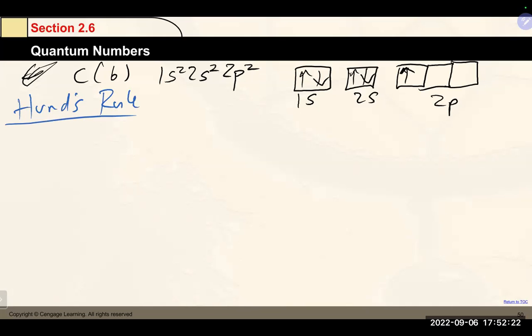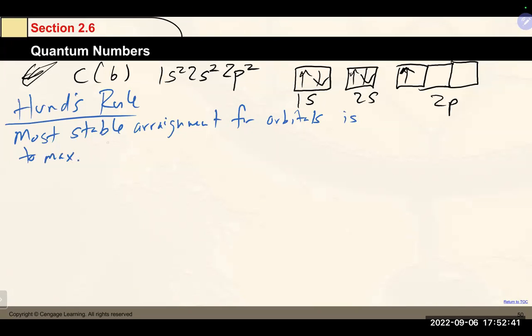Basically, Hund's rule says the most stable arrangement for orbitals is to maximize parallel spins. So to maximize parallel spins is sort of the ultimate goal, a little bit more stable.